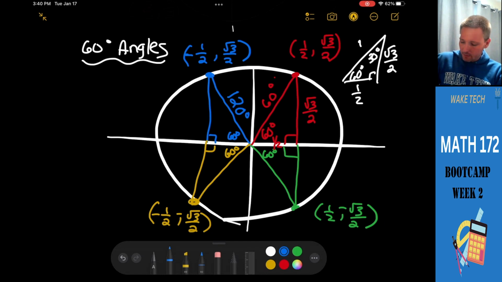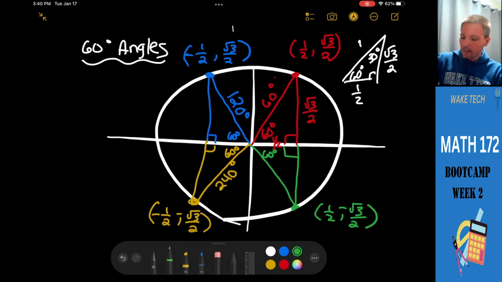For the yellow one, if we go to the x-axis, 180, but we went 60 degrees beyond that. 180 plus 60 is 240.